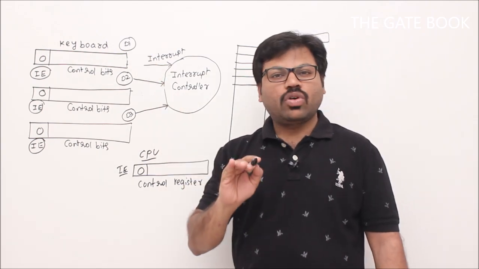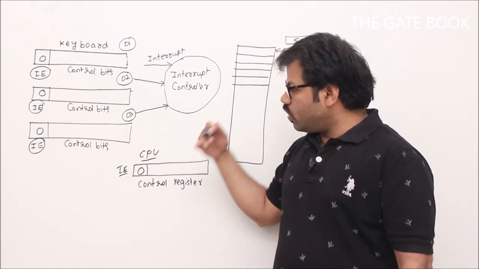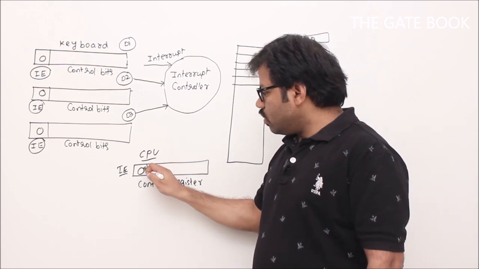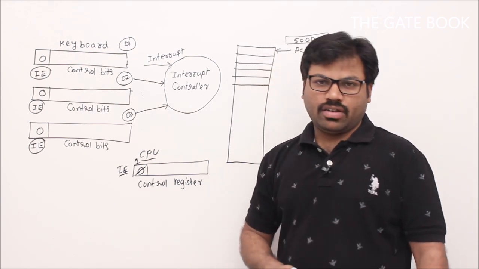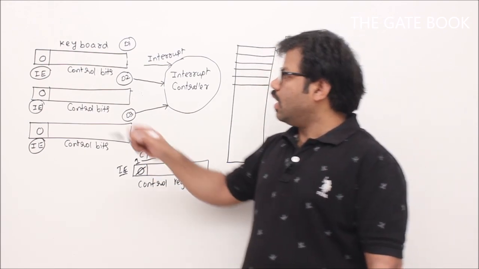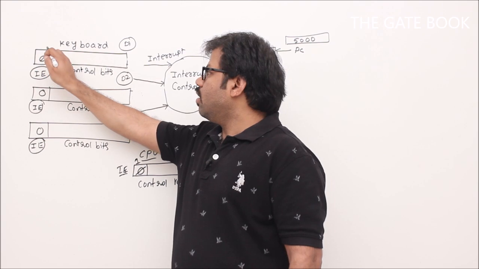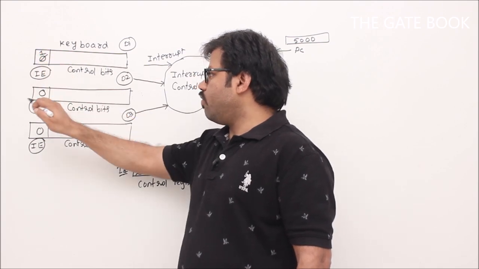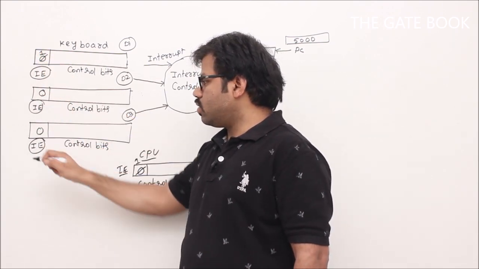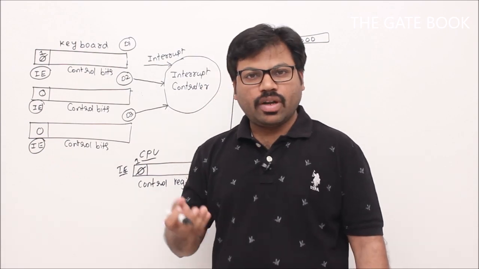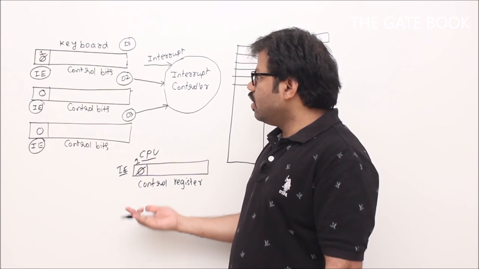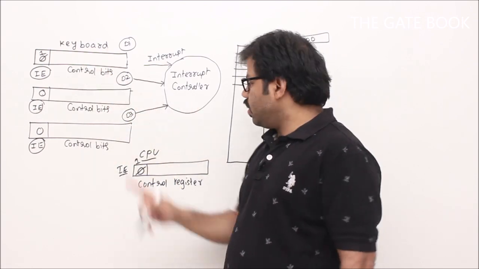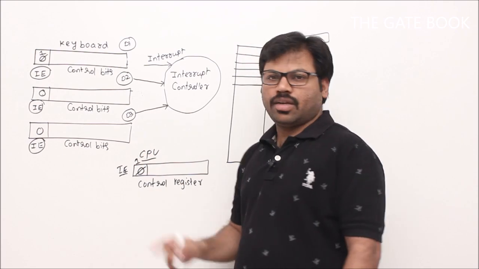For that, the program should have instructions such that the interrupt enable bit of the CPU is made one. After that, the keyboard's IE bit should become one and all others are zeros. If your program modifies the bits this way, then only the keyboard can generate the interrupt and the CPU is ready to take the interrupts.